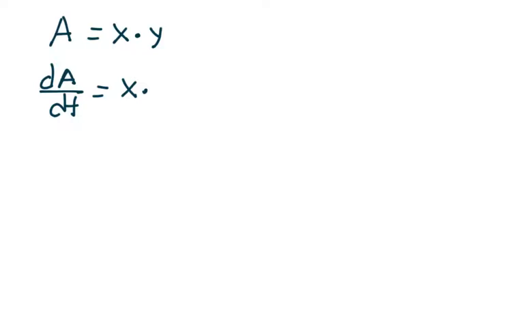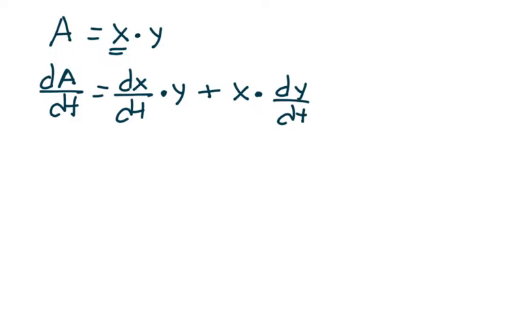We take the derivative of the first, which is dx/dt, and multiply by y, and then add x times dy/dt. So this is just the product rule.